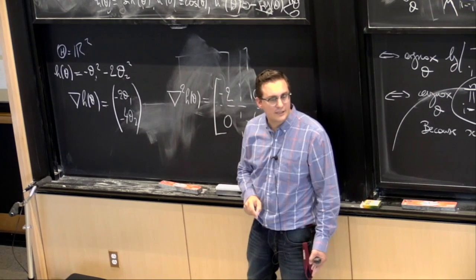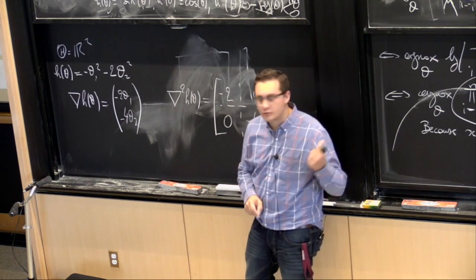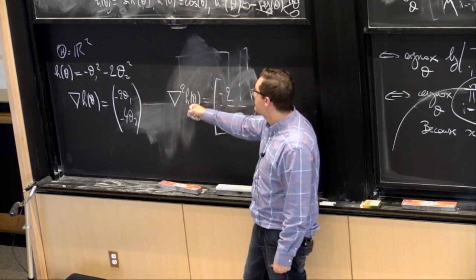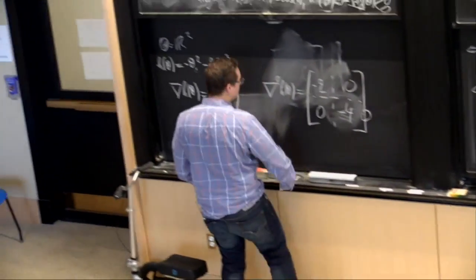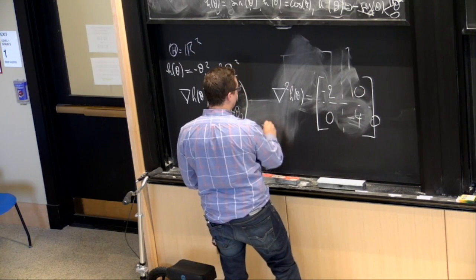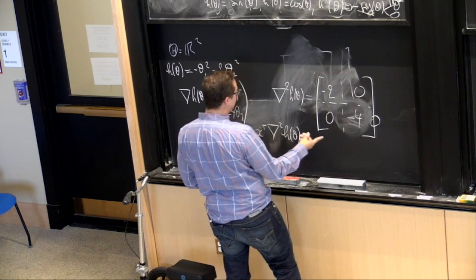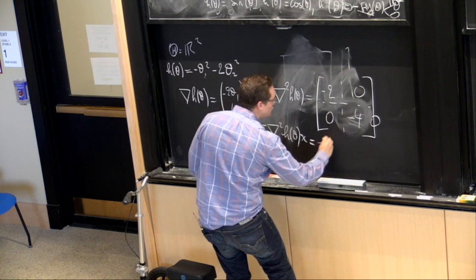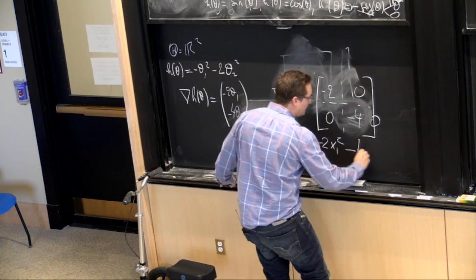OK, so now I want to check that this matrix satisfies that X transpose times the matrix times X is negative. So if I do X transpose times the Hessian of h of theta times X, what I get is minus 2 x1 squared minus 4 x2 squared.